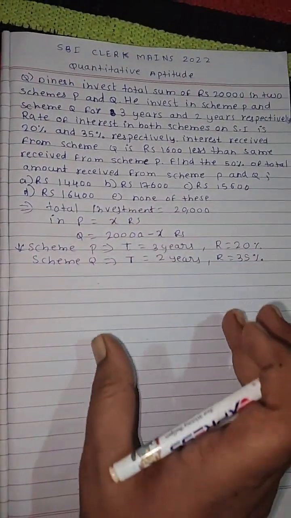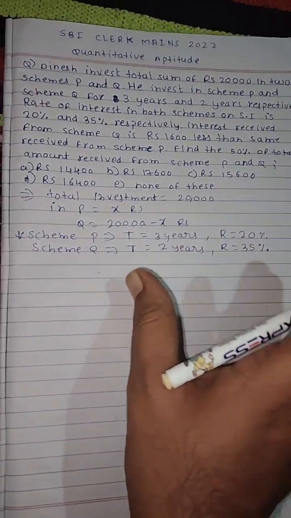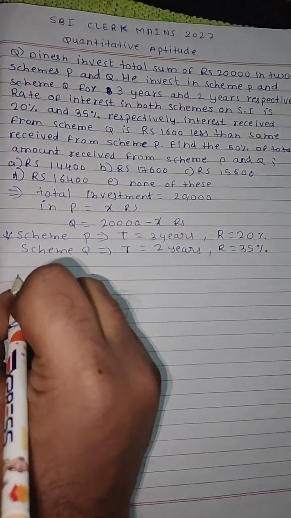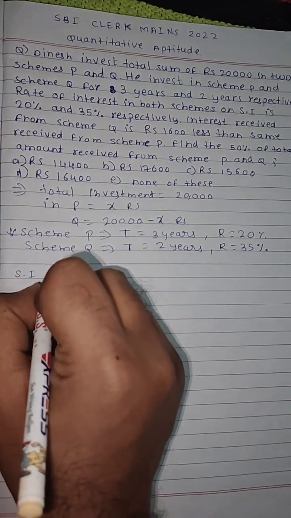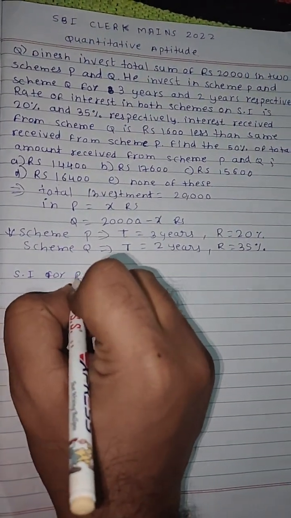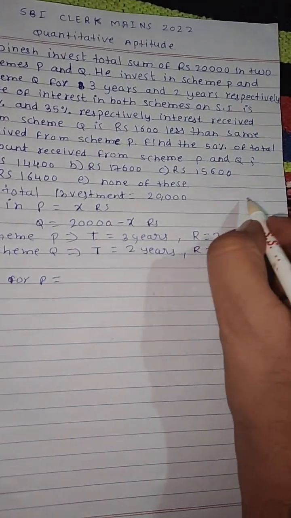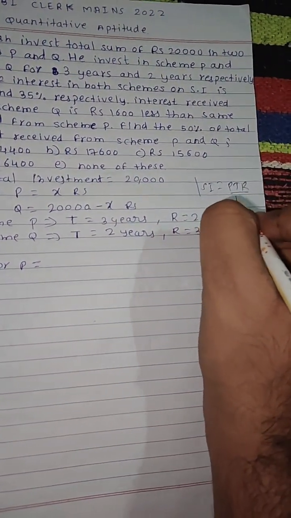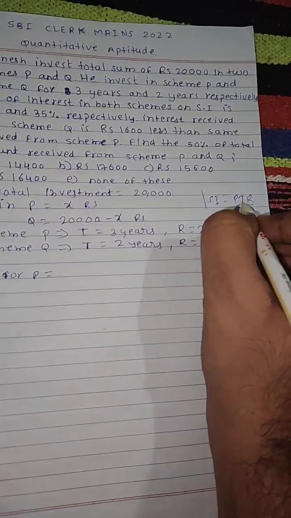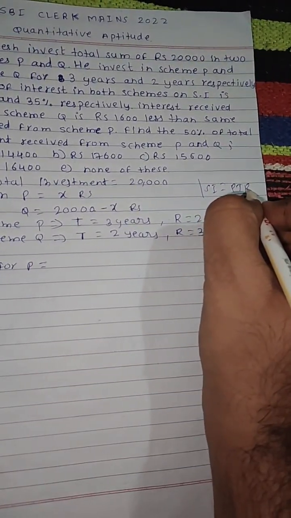Now we will first solve for simple interest, for scheme P. The formula for simple interest is PTR by 100, where P is principal, T is time period, and R is rate of interest.